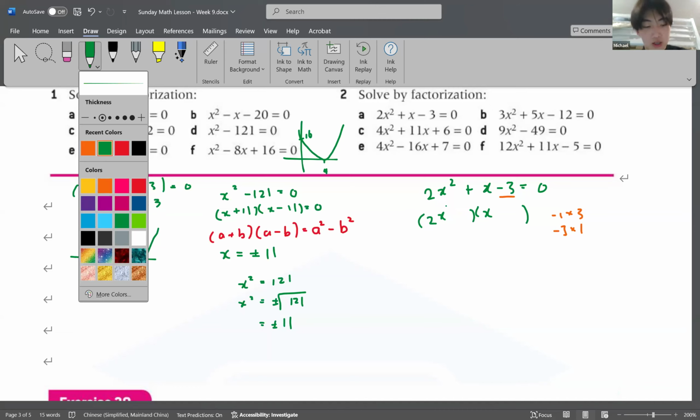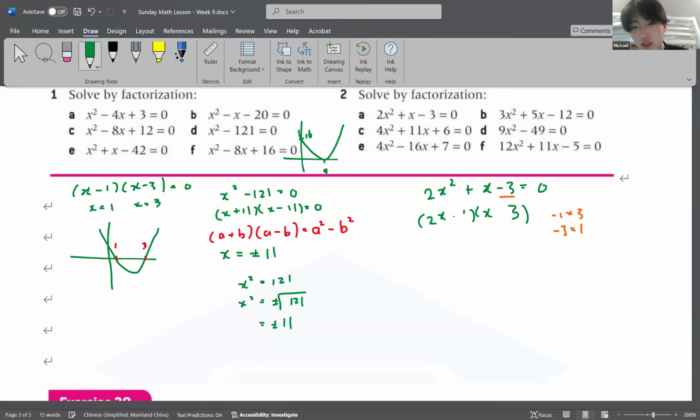What I tell you guys as well: if you're not sure, just put numbers in and expand it, see what you get. There are 4 possibilities, just test them out. If we have 3 over here and 1 over here, it doesn't matter if it's plus or minus, the 2x times 3 is going to be too big. It's going to be a positive 5 or a negative 5.